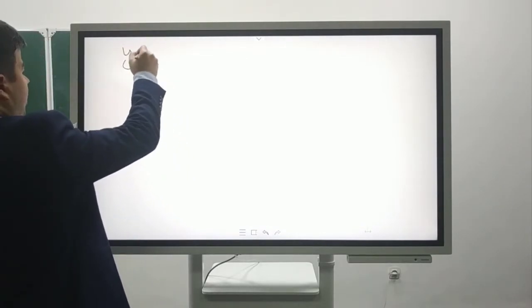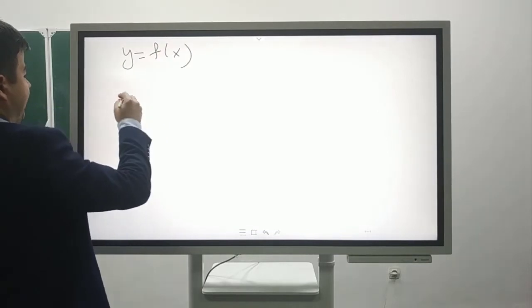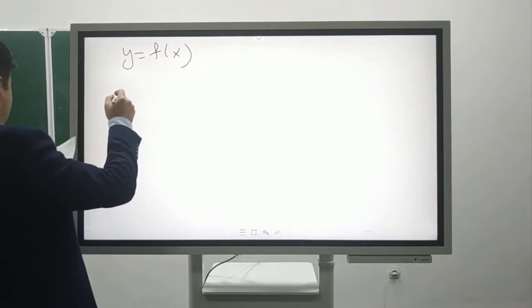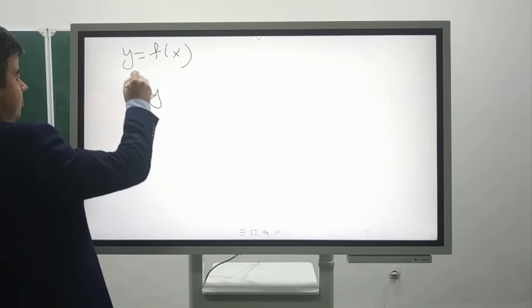Okay, and now we have the logarithmic derivative. So if we have a function y equals f of x, let's consider the natural logarithm of y.